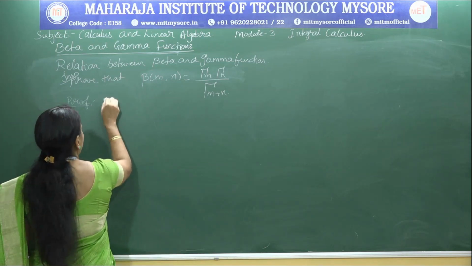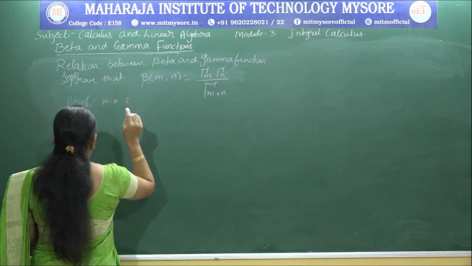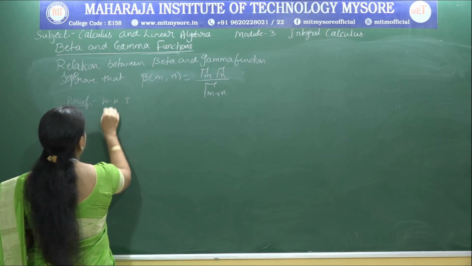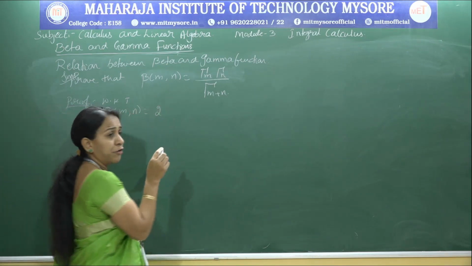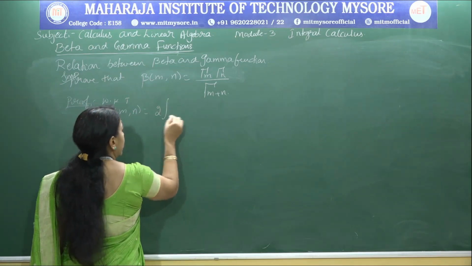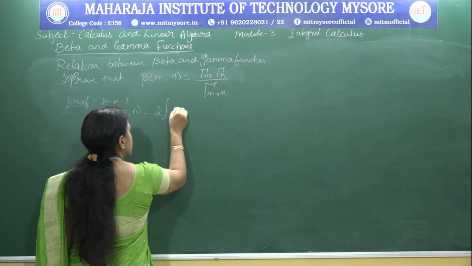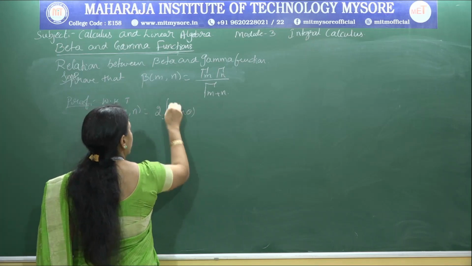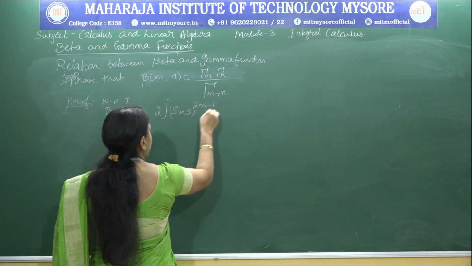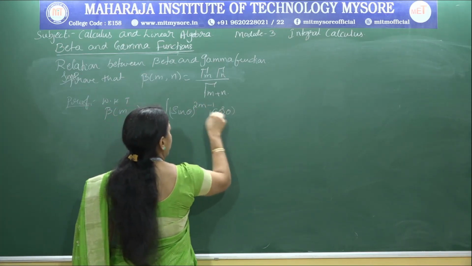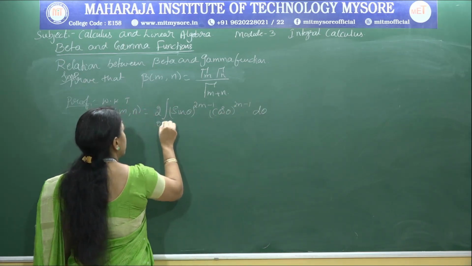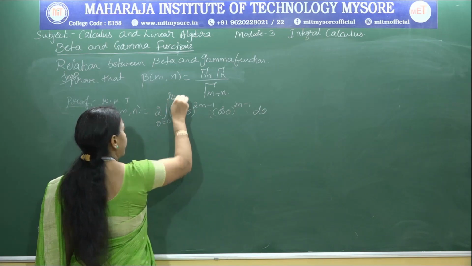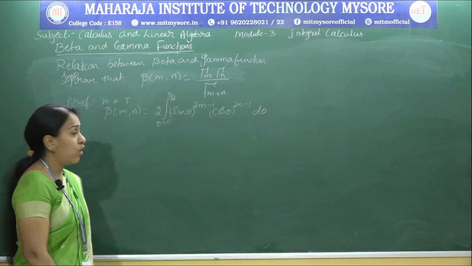So we know that beta m comma n in terms of trigonometric function is 2 times the integral sin theta to the power of 2m minus 1 into cos theta to the power of 2n minus 1 d theta between the limit 0 to pi by 2. Theta varies from 0 to pi by 2.